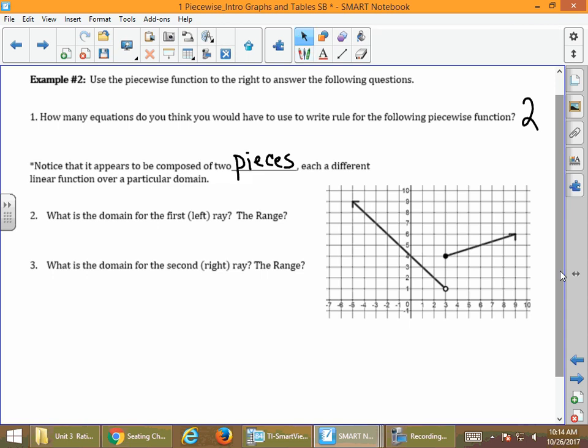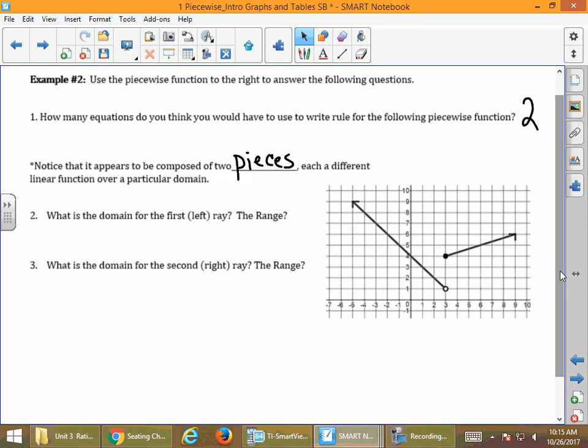A ray has a starting point, but then it continues on in one direction forever.